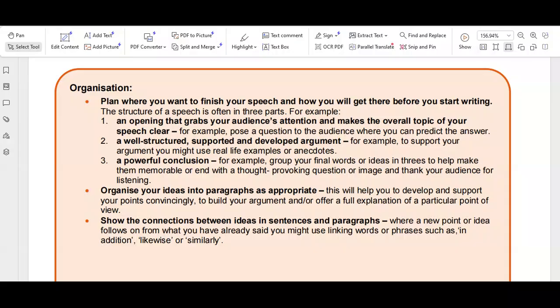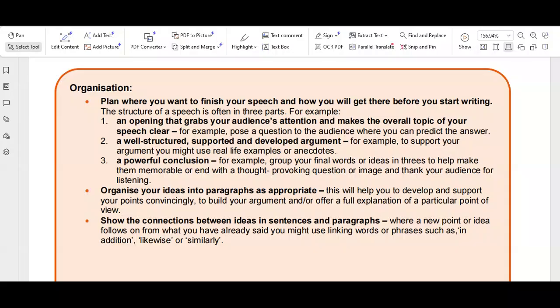Remember, there should be a proper connection between the paragraphs. Once you have completed one point and you're going to move towards the next paragraph, your audience must not be left confused. So if you use connectors like firstly, secondly, lastly, in addition to, or moreover, this is going to express a very clear connection.